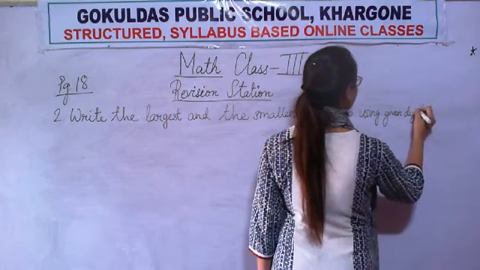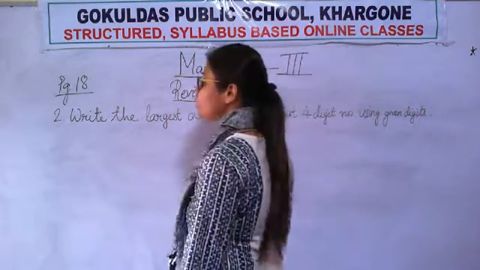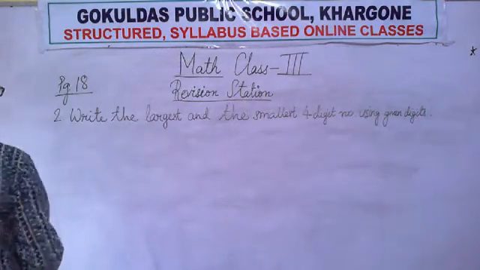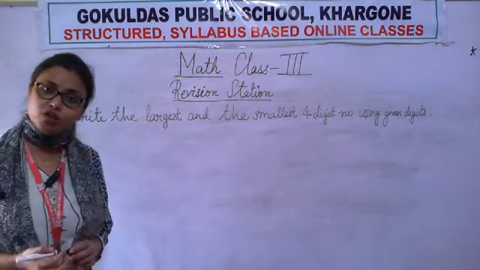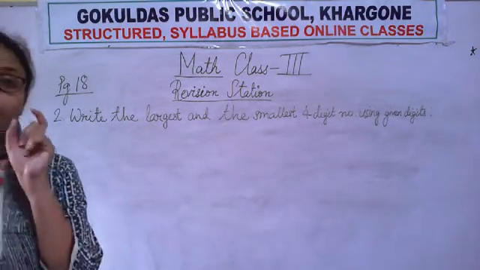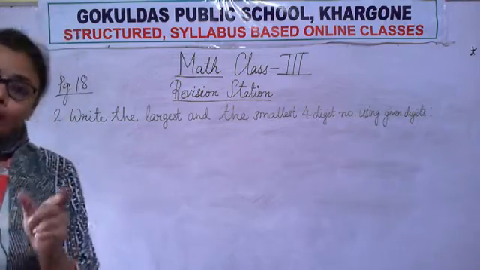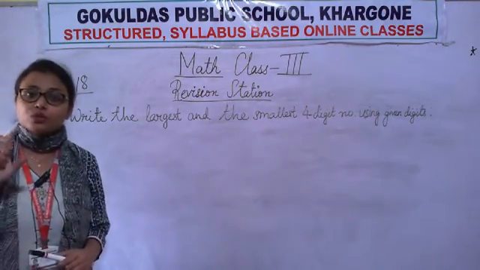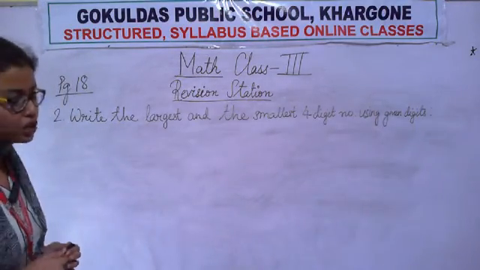Digits will be given to you. What you need to do? You need to find the largest and the smallest number. You know what is largest and what is smallest. Largest matlab bada number and smallest means chota number. We have to make the largest number and the smallest number by using the digits.